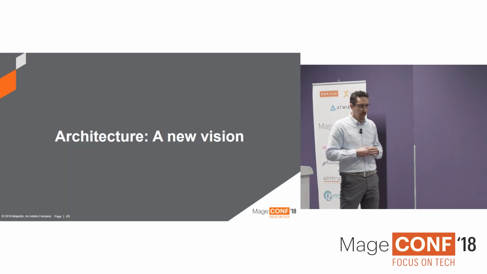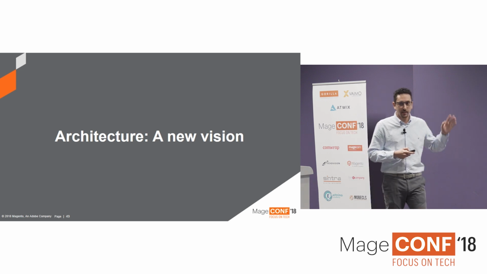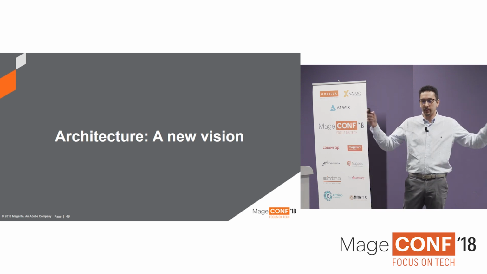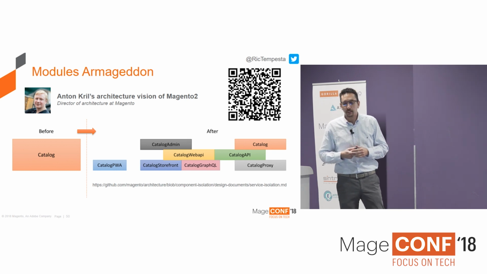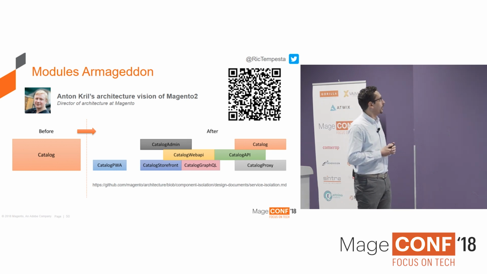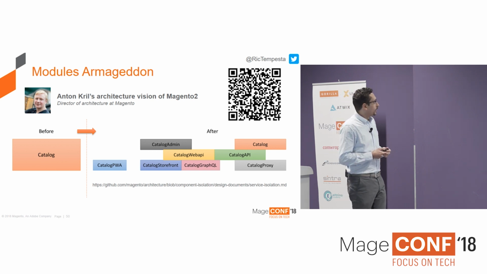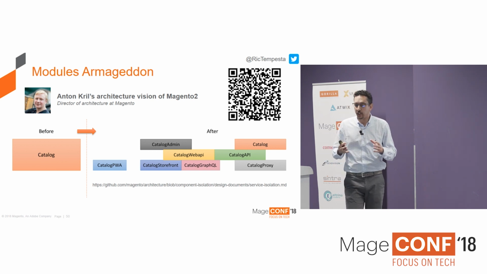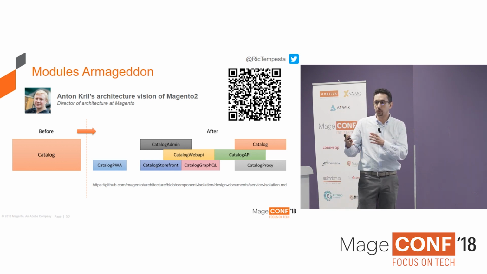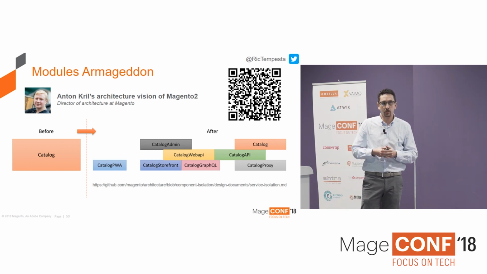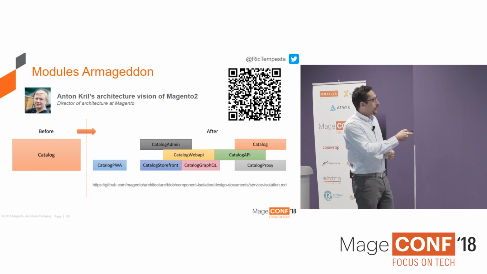So it's very convenient. And this leads to a new vision of Magento. This is not my vision, but a vision from one of the smartest guys in the world, the universe, Anton Kril. He's one of the Magento architects and Superman. So we had the catalog before. In Magento 1 and previous implementations of Magento 2, you just had the catalog module. In the future, we should have something like this.